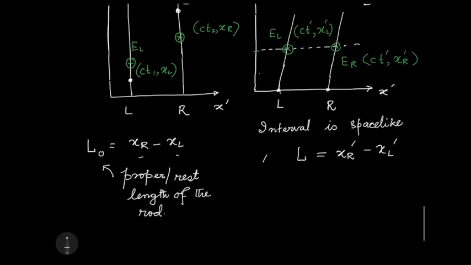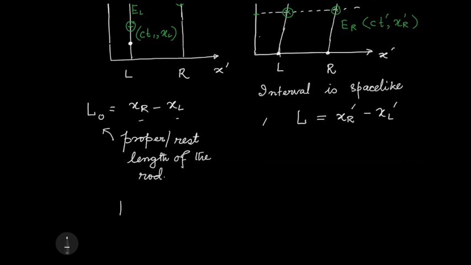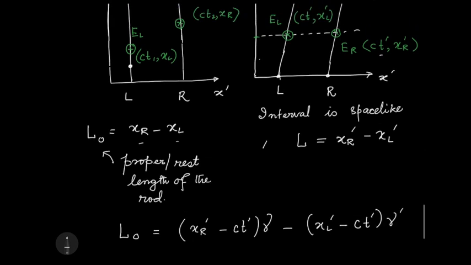Okay. So what is the relation between L0 and L? Well, L0 is XR minus XL, and now I can write XR using the Lorentz transformation. XR will be XR prime minus CT prime, times gamma, minus XL prime minus CT prime.